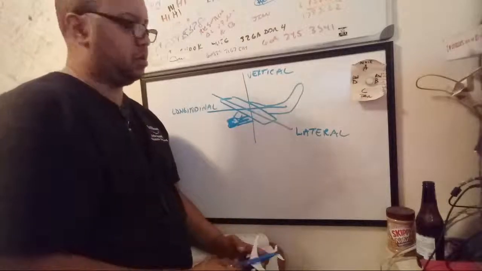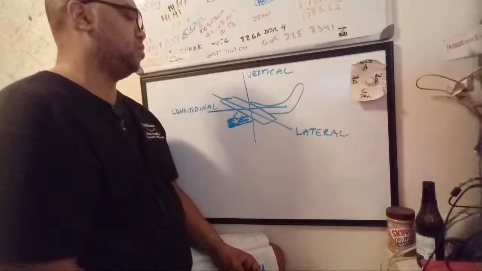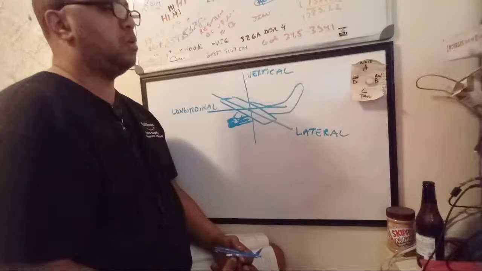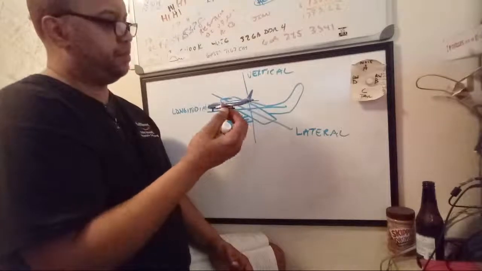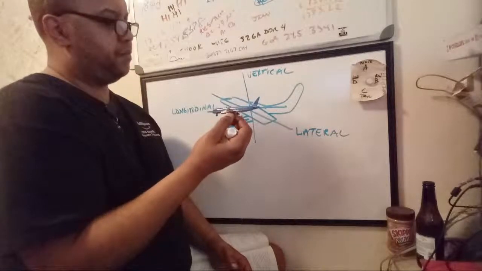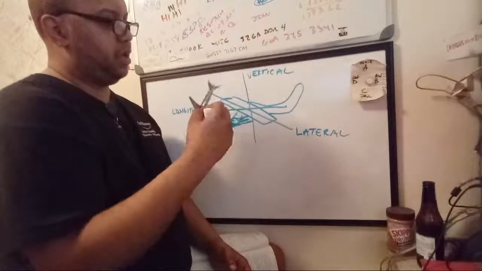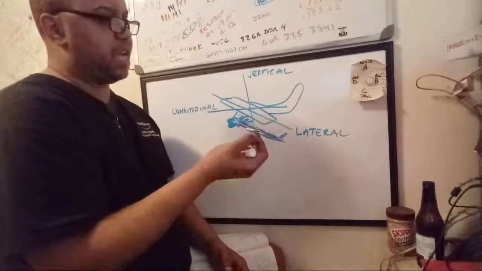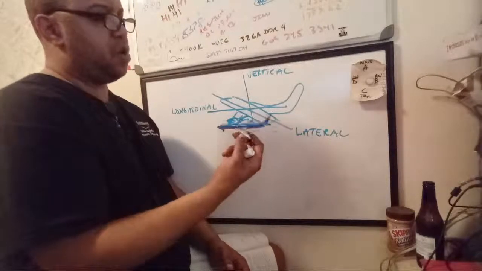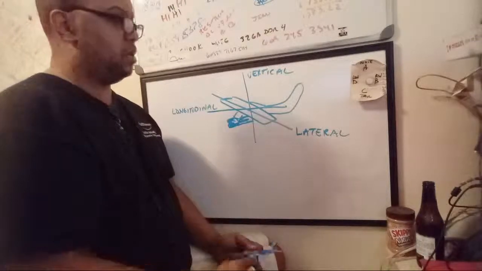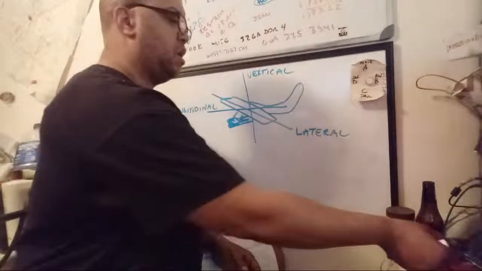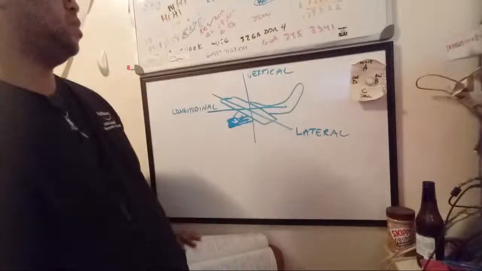Our lateral is where we get our pitch, and our longitudinal is where we roll. Our vertical axis we can yaw using our anti-torque pedals, right? The nose up, nose down would come from the cyclic, and the roll would also come from the cyclic.